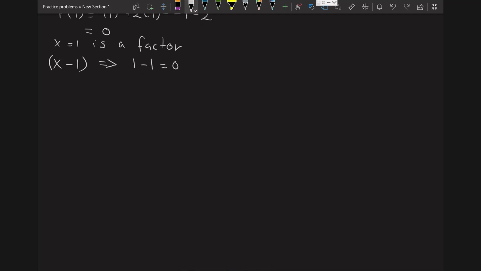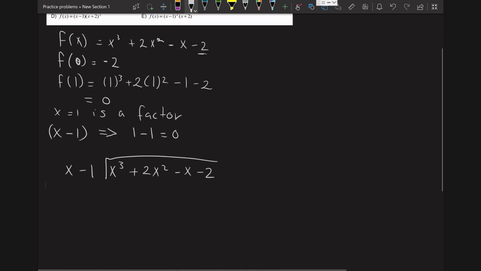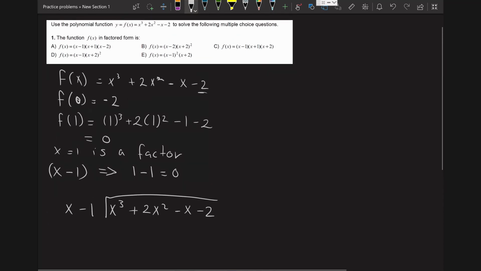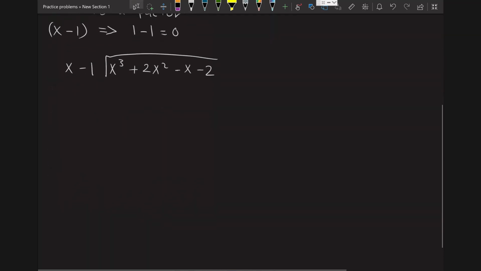So we're going to use our function x cubed plus 2x squared minus x minus 2 divided by x minus 1. Let's just double check the function there. Yeah. And the way you would do that is you would divide the first term by the first term here, and then you would multiply out and pretty much treat it like normal division.